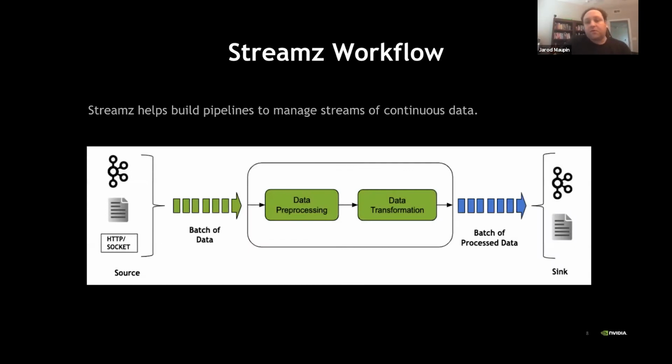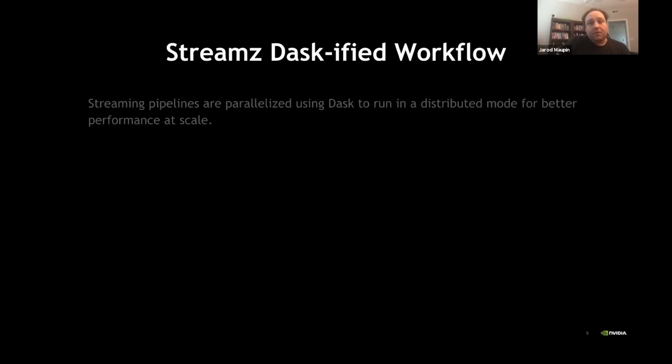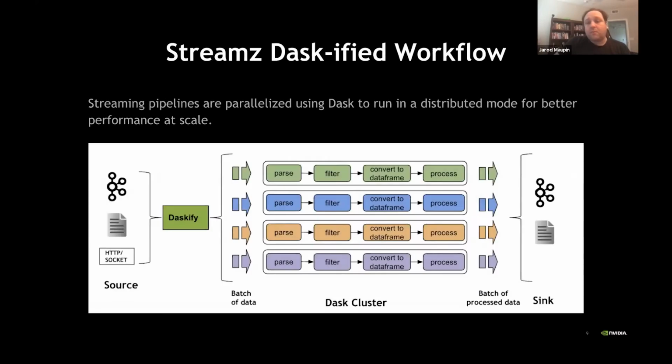With a normal Streamz workflow, you set up your data pipeline and you pre-process data, you do a transformation, and then you do mini batches and you send it to a sink like Kafka or some database. When moving to Dask and cuStreamz, it changes a little bit.